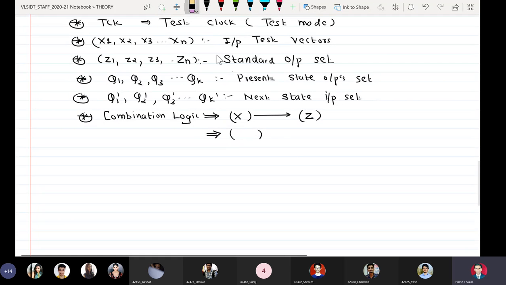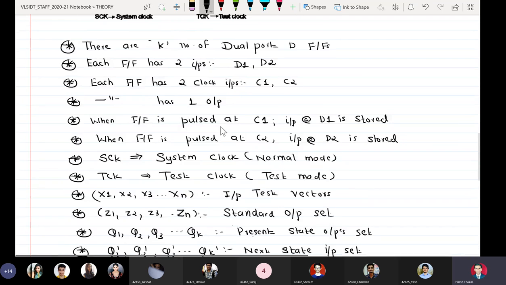It uses a combination of X comma Q to generate Qk dash. Okay, this was the description.